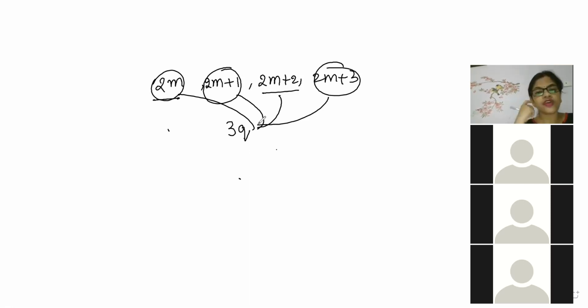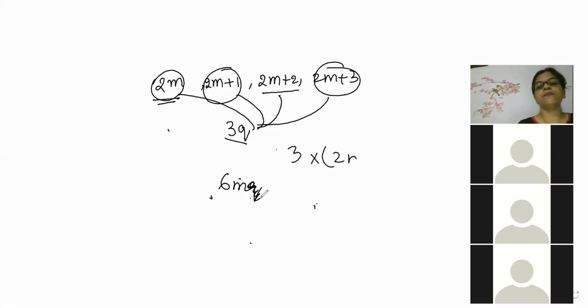Now understood? So if I will multiply 3q with 2M, it will become 6M. Instead of q I am writing 2M, so it will become 6M. Now instead of q, if I will write 3 into 2M plus 1, then it will become beta 6M plus 3.